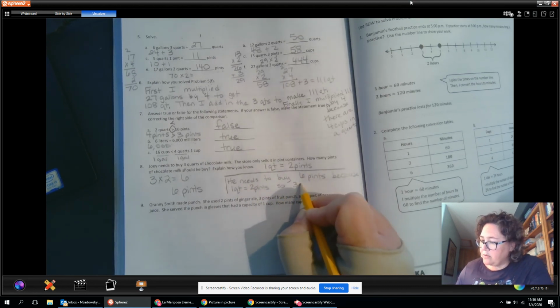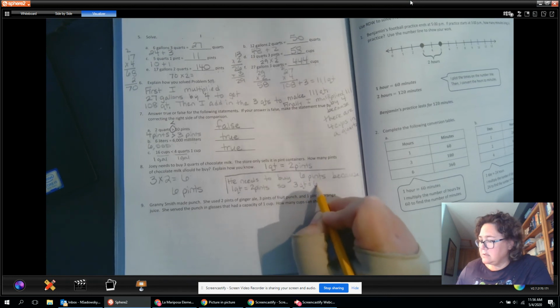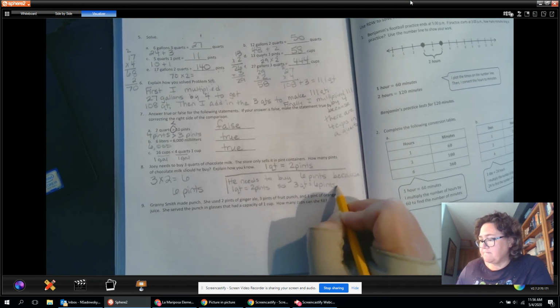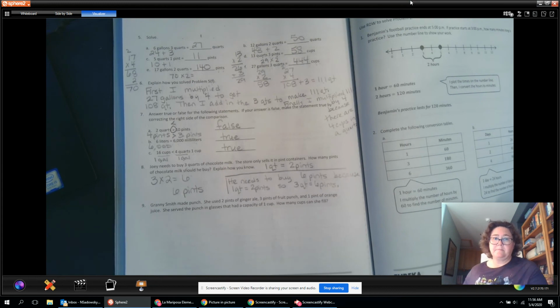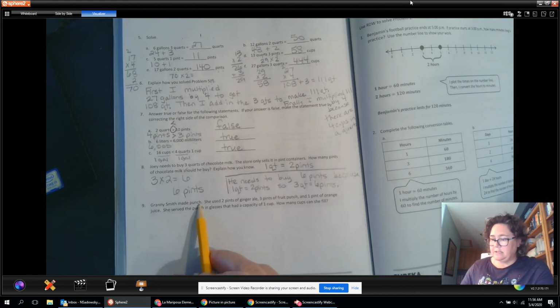So 3 quarts equals 6 pints. And there you go.